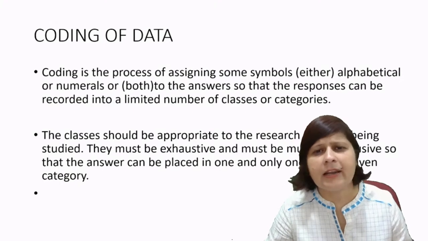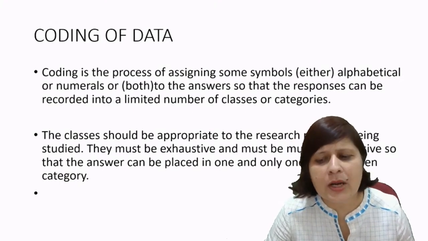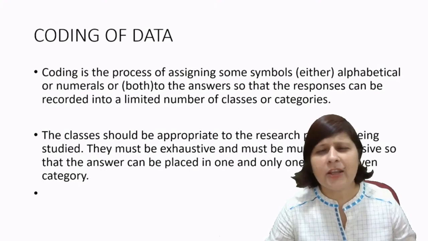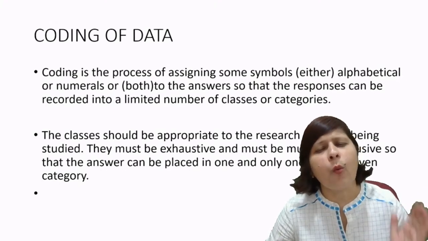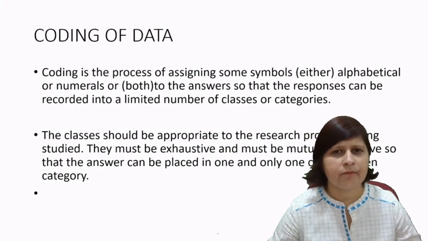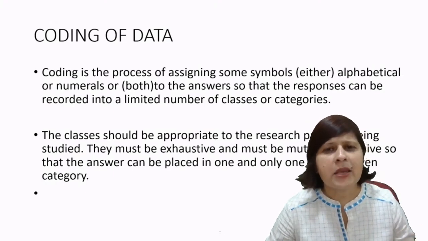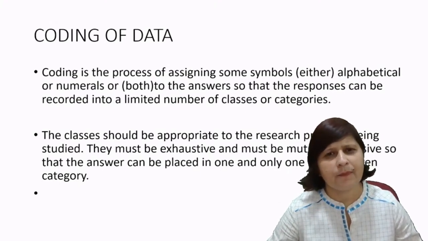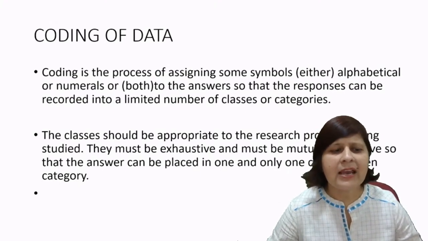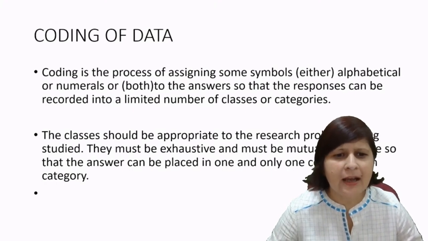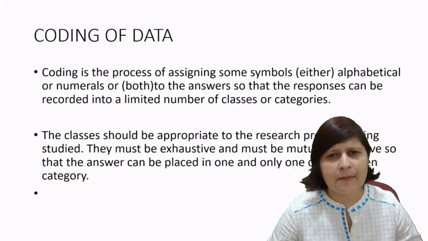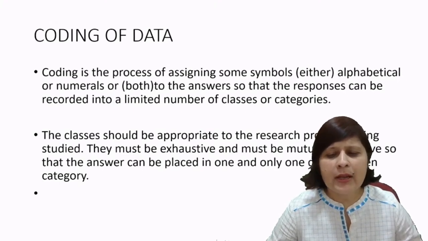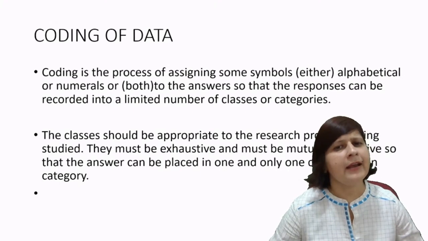If there are three categories, they should be mutually exclusive and exhaustive, so that your answer falls under one category only. Then only you can get correct results. So while you are coding your data, assign signs and symbols in a way that makes your data mutually exclusive and exhaustive.